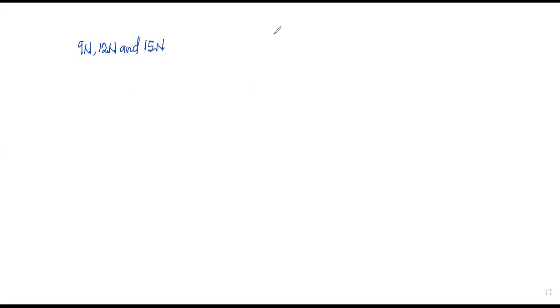Now, the first method or way out is that, you see, 15, 12, and 9 obey Pythagoras theorem.